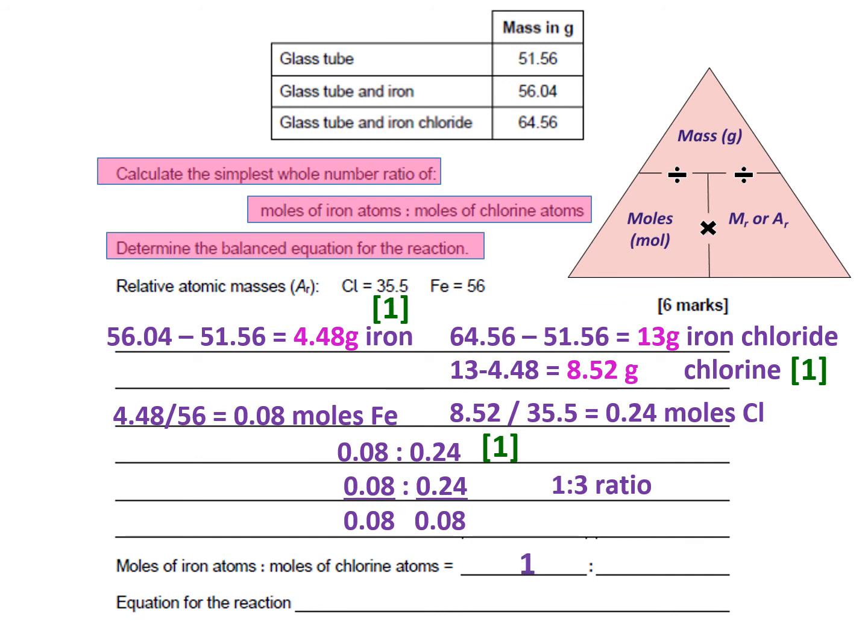So for every 1 iron we will have 3 chlorine atoms, and hence we can work out our balance of our equation, remembering that our equation has to have chlorine molecules. Therefore we need to double up 2 iron to 3 chlorine molecules, so that's 2 to 6, 1 to 3, allowing for chlorine being Cl2 for our final mark.